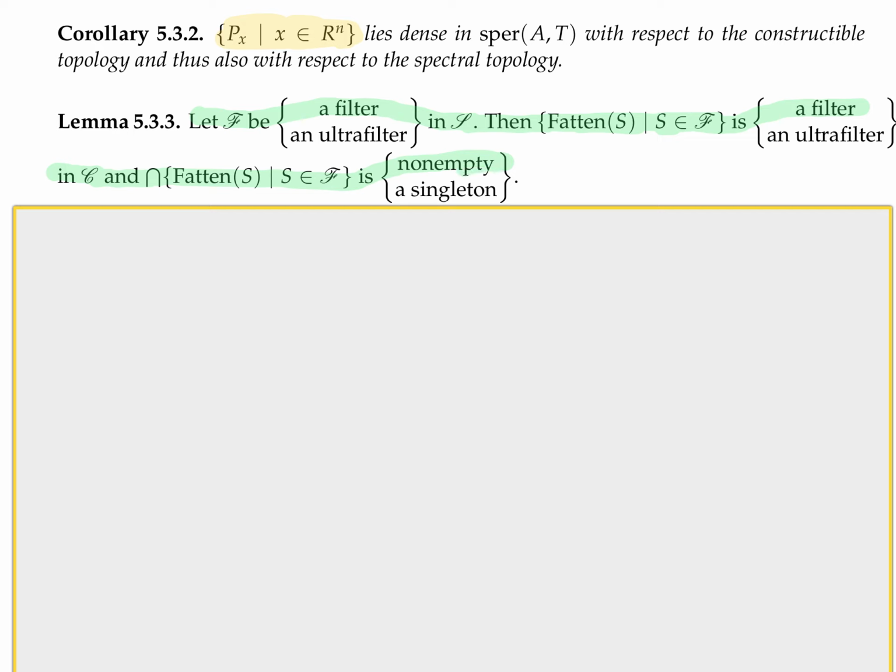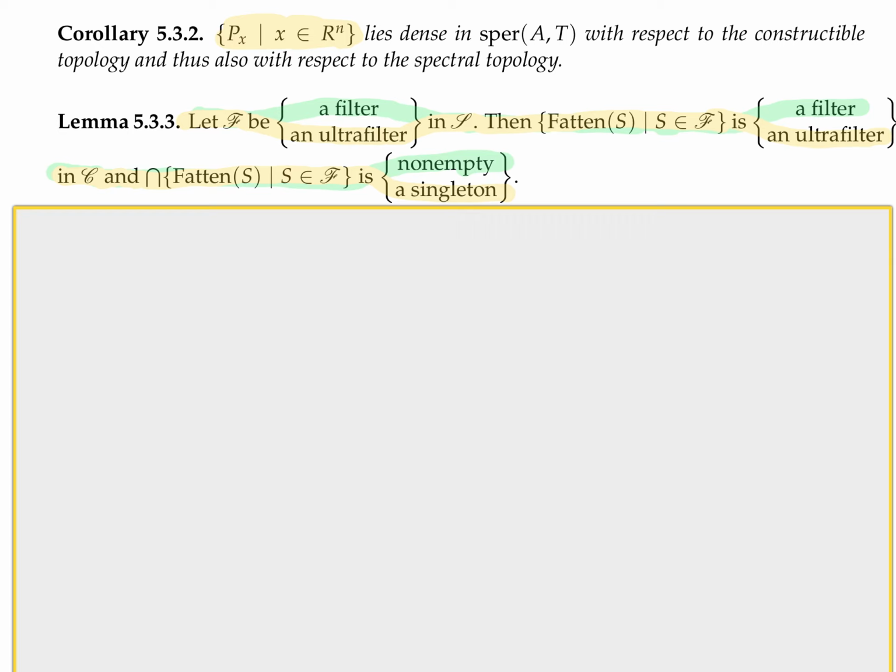On the other hand, if F is even an ultrafilter in S, then this set of all fattenings of elements of F is even an ultrafilter in this Boolean algebra of constructible subsets of the real spectrum of AT. And this intersection of all elements in the filter is then even a singleton.